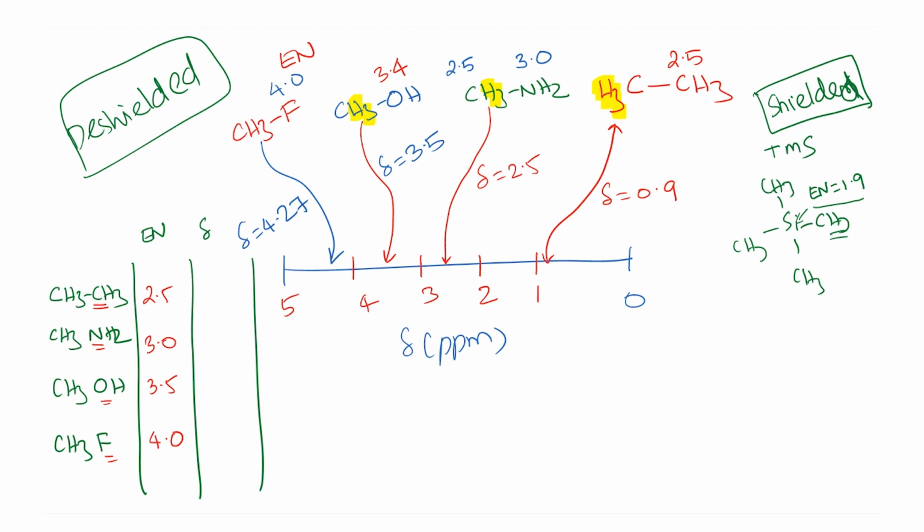The chemical shifts follow the order of electronegativity: 0.9, 2.5, 3.5. This value is actually 3.4, but nevertheless it is pretty close, and for fluorine it is 4.27. So, it perfectly correlates with the electronegativity of the atom. If you expand this discussion from lithium to silicon to carbon to nitrogen to oxygen to fluorine, you will find that it really beautifully correlates with the electronegativity.